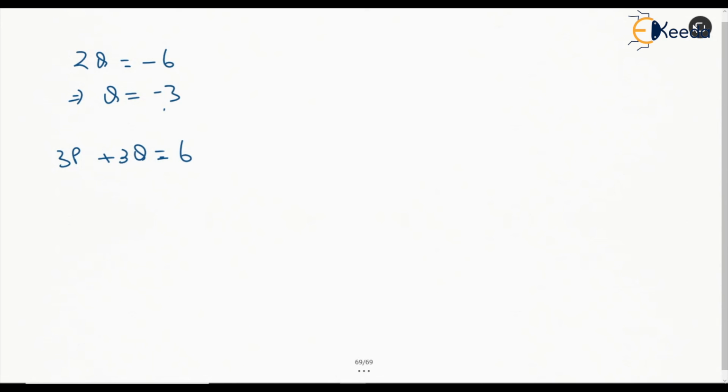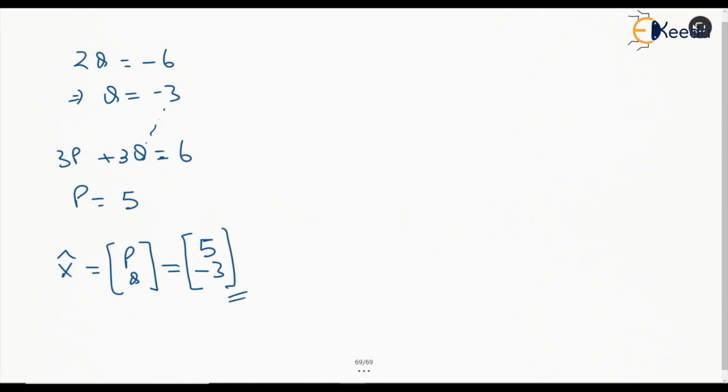Now we can substitute this Q here and we'll get P is equal to 5. So the least square solution we are looking for is PQ equal to 5 and minus 3.